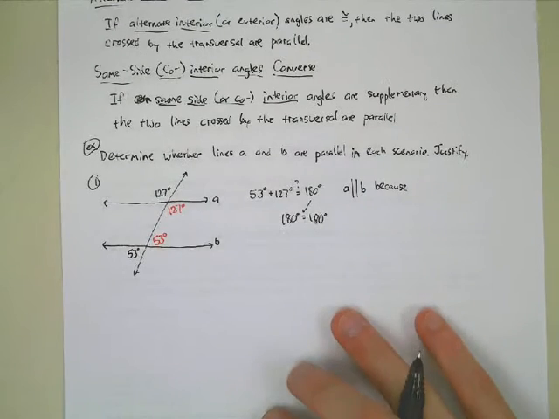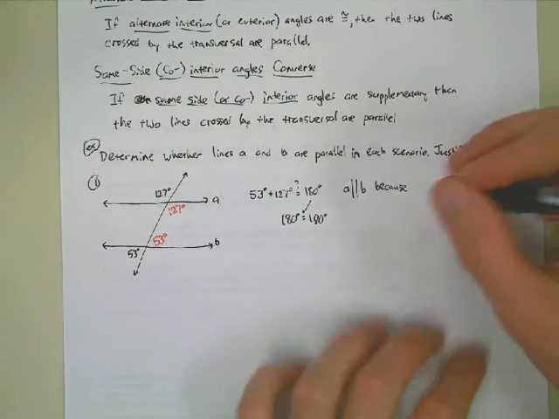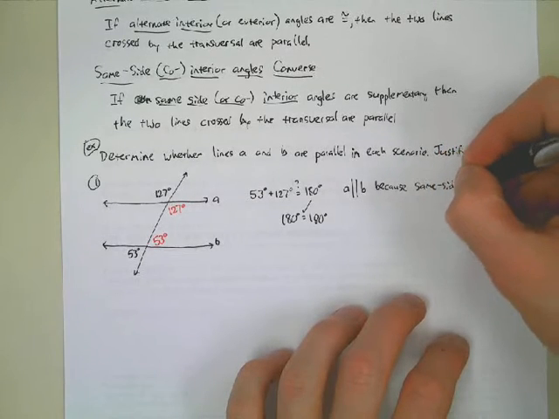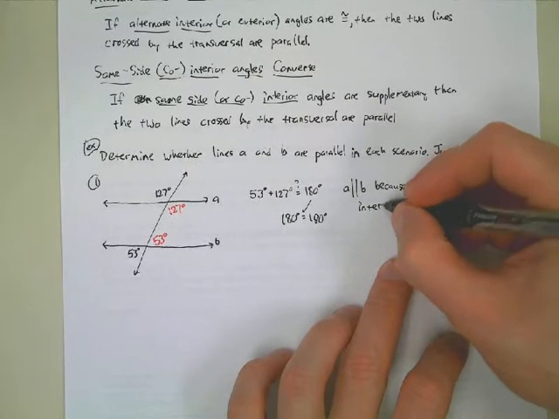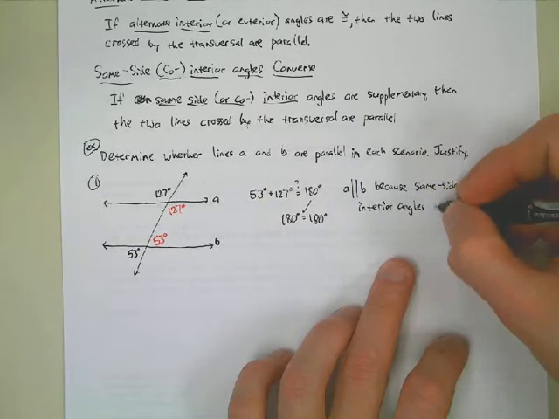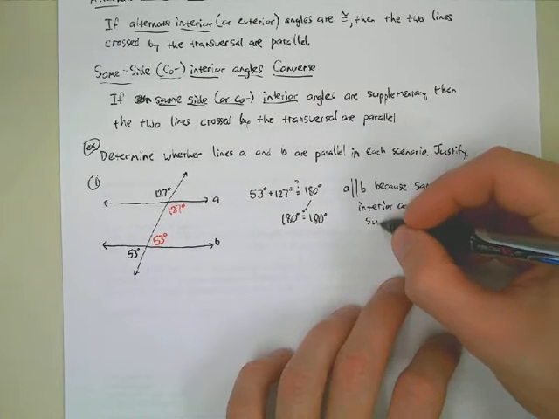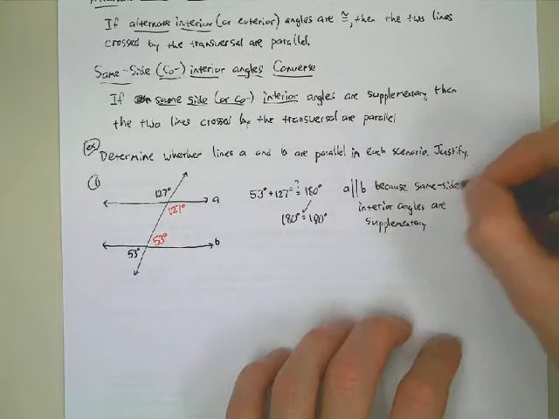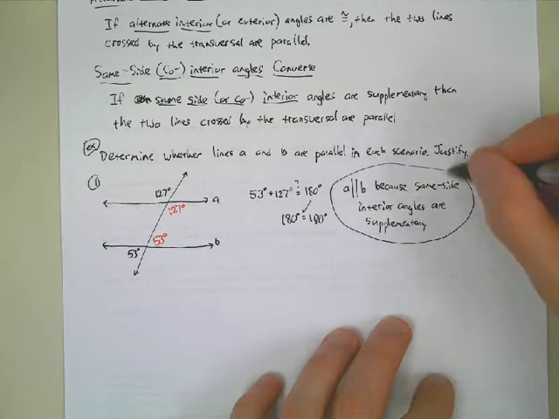Same side interior angles are supplementary. Same side interior or co-interior, whatever you want to say. Same side interior angles are supplementary. Okay, so that's kind of like your final answer right there.